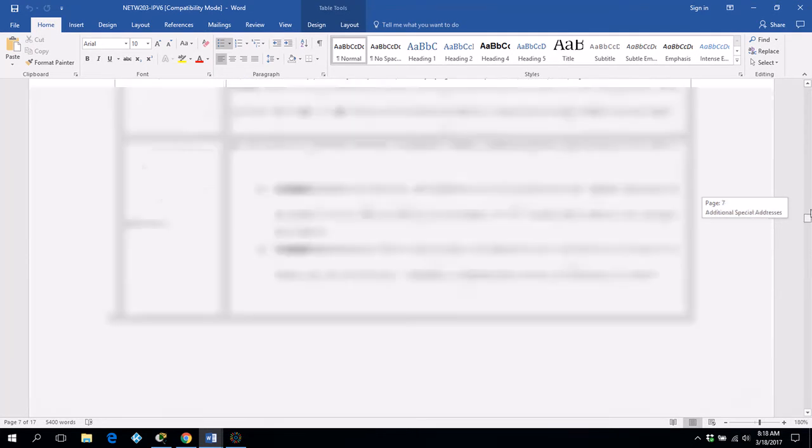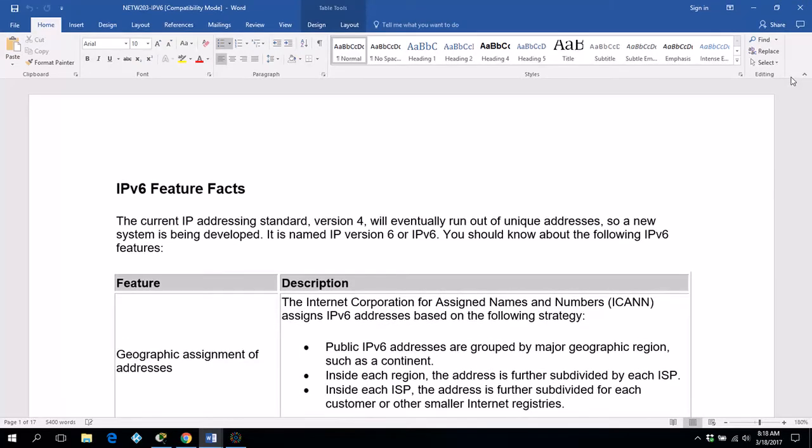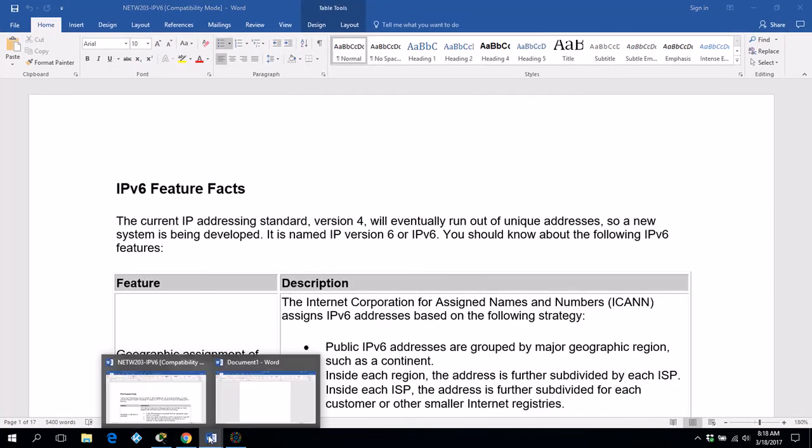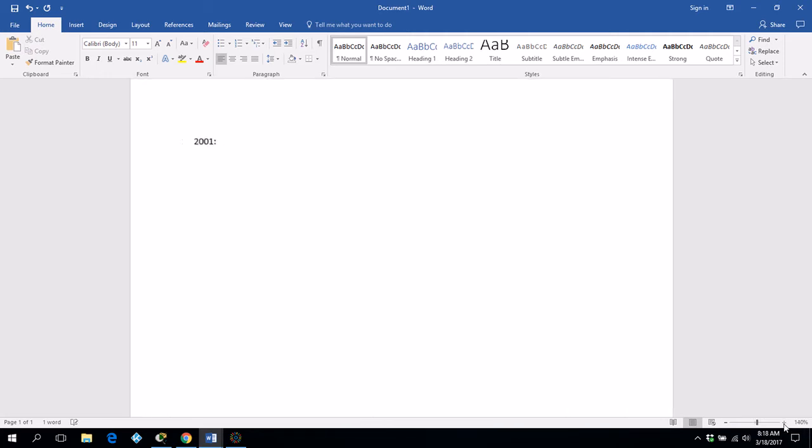All right, we don't have to go into details on all of this, but the other thing I wanted to show you is how to write an IPv6 address in a concise form. Let's take a look at an example. Let me bring this up so you can actually see what I'm doing.